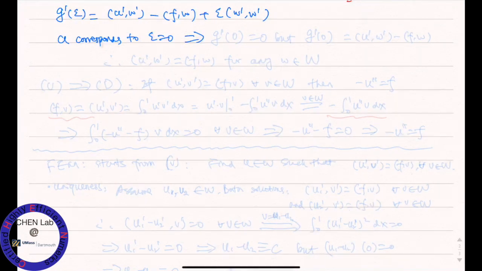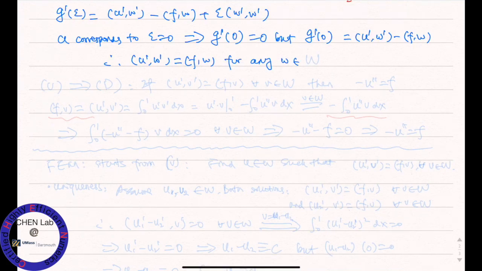This means that the derivative at 0 must be 0. Calculus. But g'(0), we know g'(epsilon), you plug in 0 for epsilon, you get (u', w') minus (f, w). So that's 0, which means (u', w') is equal to (f, w) for any w in the space W. So that's V that we want.